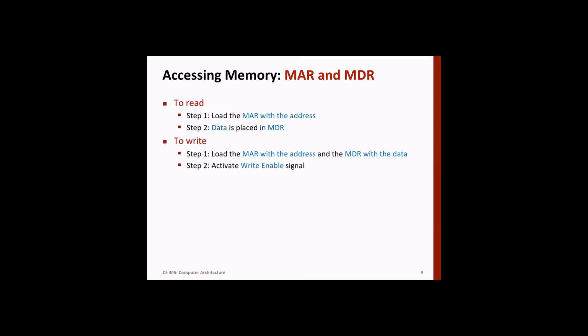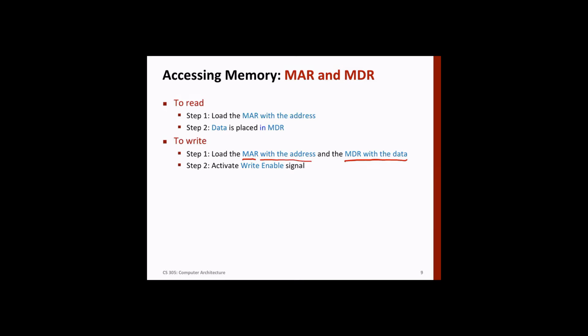From there the CPU can read it. In order to write, we load the memory address register with the address that we want to write, and into the MDR we put the data that we want to store. Then we activate the enable signal, and the memory will write the data available in the MDR to the memory location specified by the memory address register.